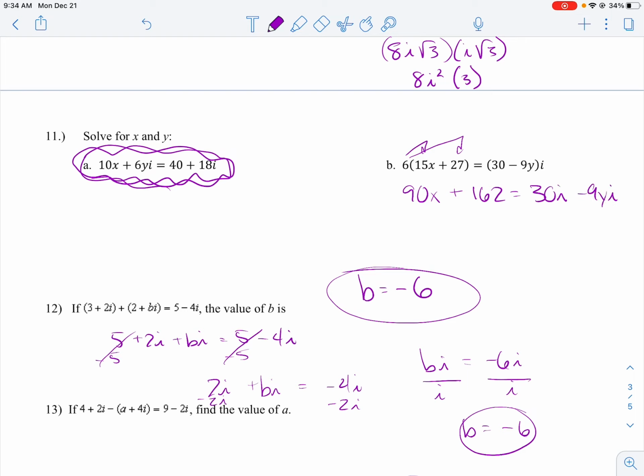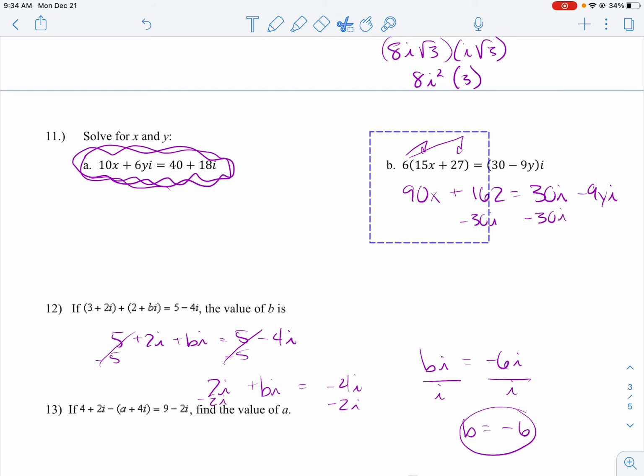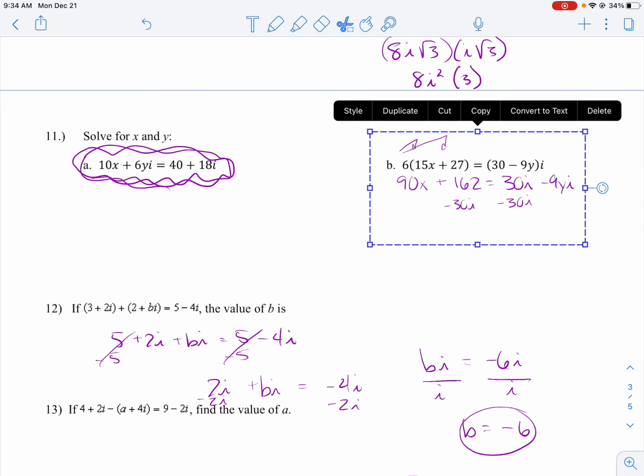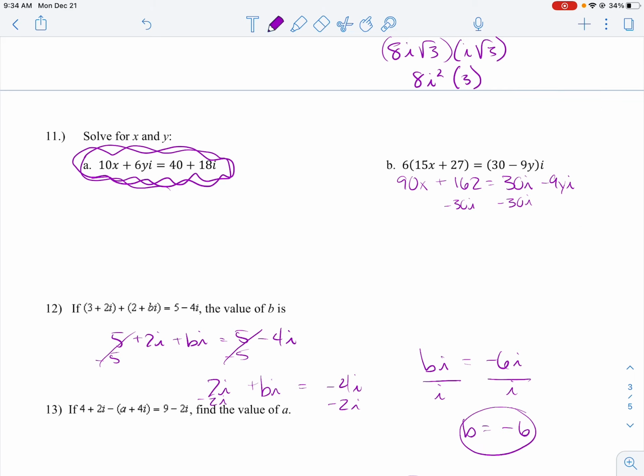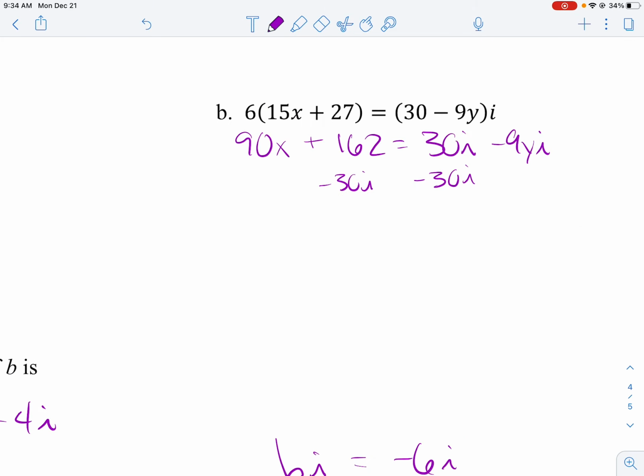Okay, so I'm going to have to bring this guy over. So I get 90x plus 162 minus 30i is equal to negative 9yi.